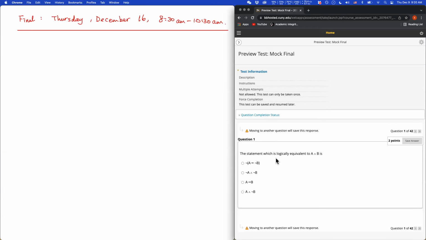Okay, so the first question here is asking which statement is equivalent to the negation of A and B?